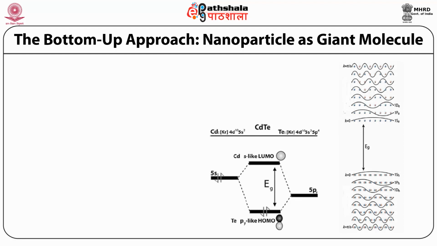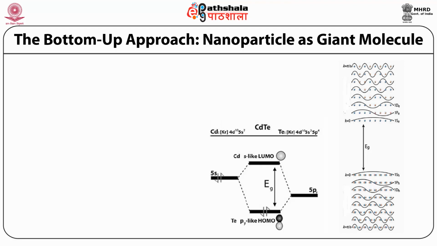Now in the case of compound semiconductors, cadmium selenide, cadmium telluride, lead selenide, indium phosphide, different types of atomic orbitals are combined. For example, the atomic structures of cadmium and tellurium are [Kr]4d10 5s2 and [Kr]4d10 5s2 5p4 respectively.